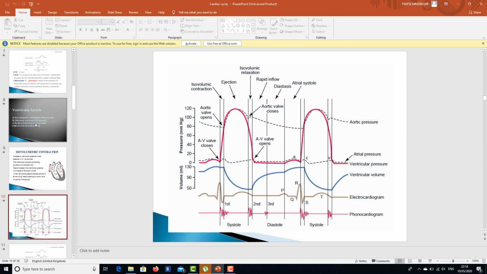Again, you can see the period of isovolumic contraction.